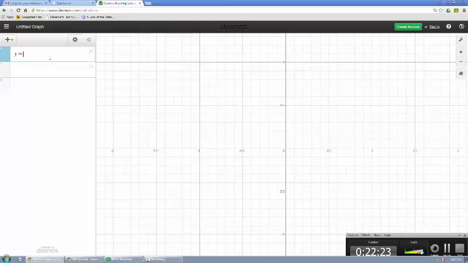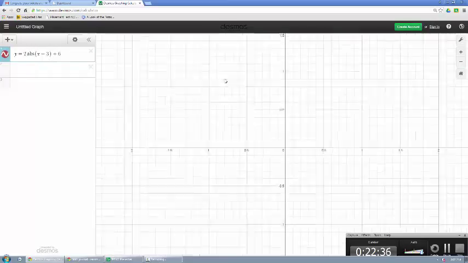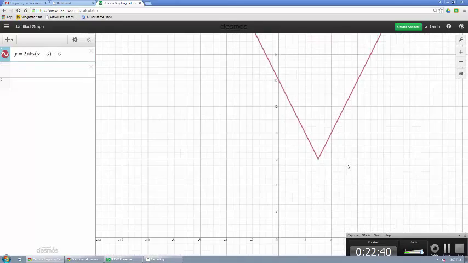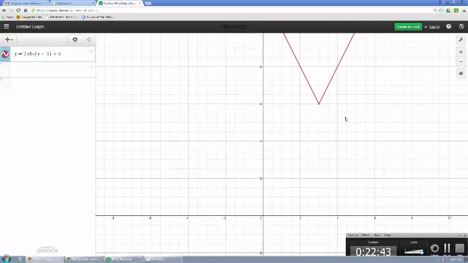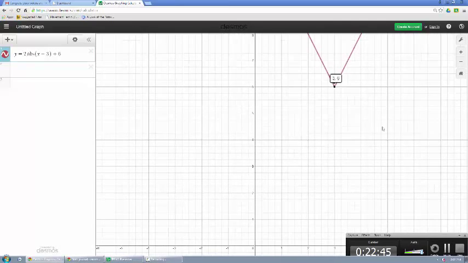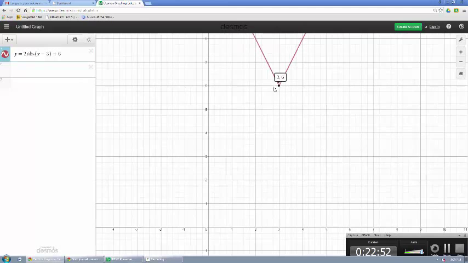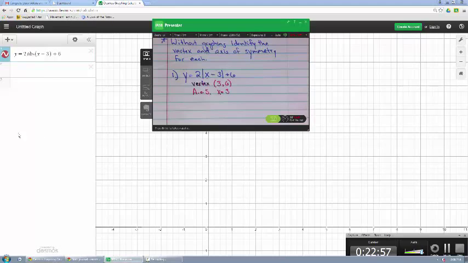If I were to type in y equals the absolute value of x minus 3 plus 6, and then multiply all that by 2, I have to zoom out to see it. But if you look here, I have an absolute value function where the vertex is at 3, 6, which is what we have in our notes.